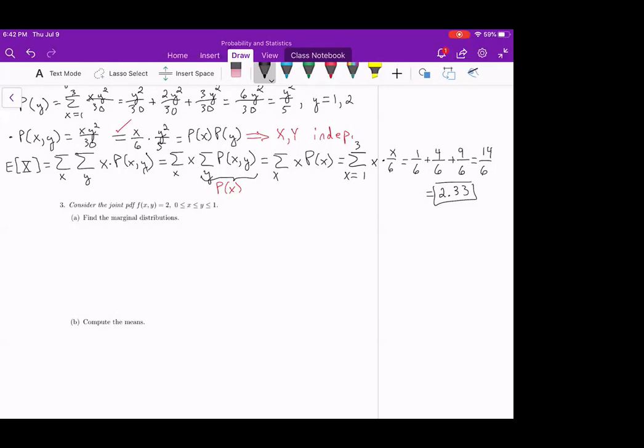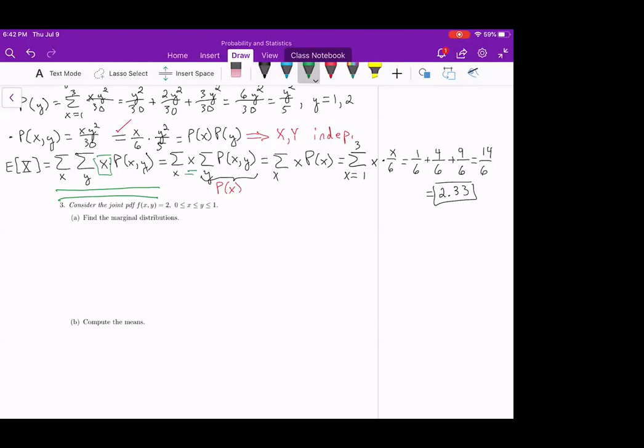No. The definition of expected value is where I start. I'm double summing x times the joint PDF. But the closest summation that I'm going to act on is the sum over y. This x has nothing to do with y. It won't be changing over that first summation. So I'm allowed to pull it out of that summation, the sum over y, which is what I do in the second step.